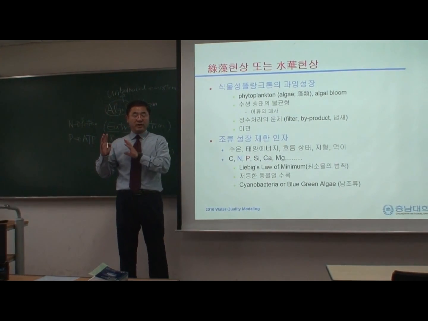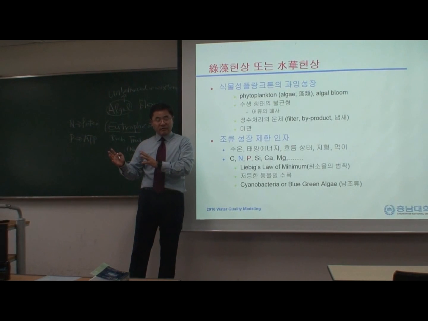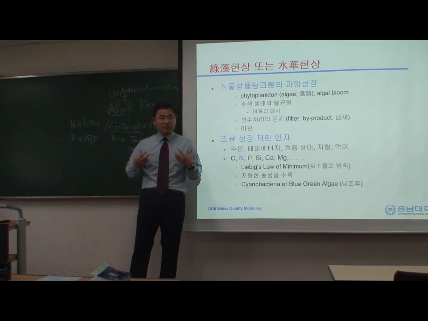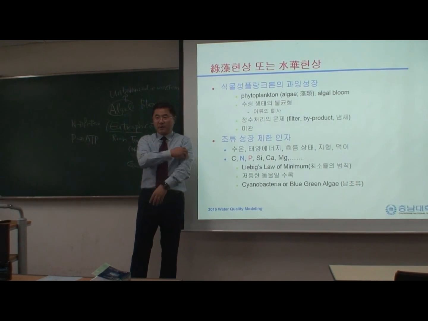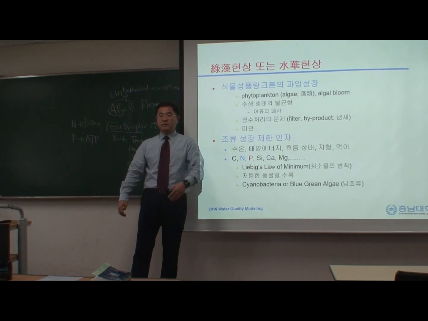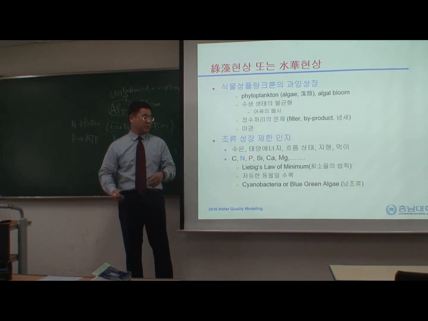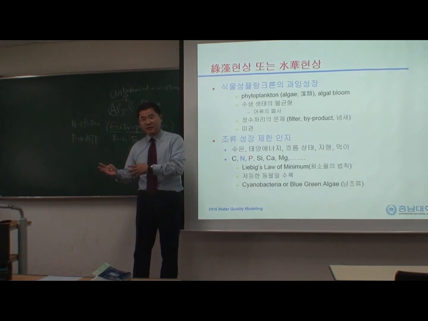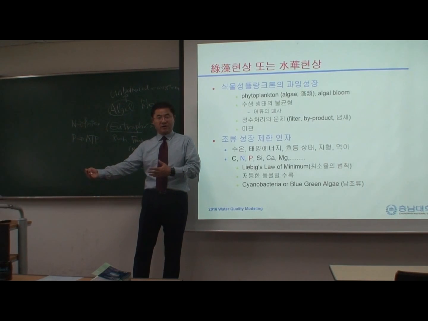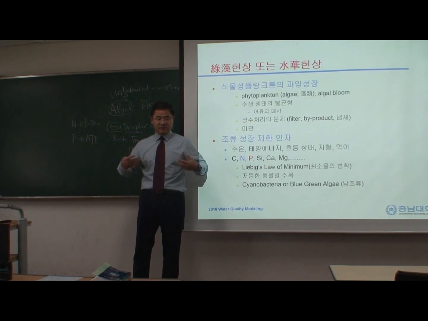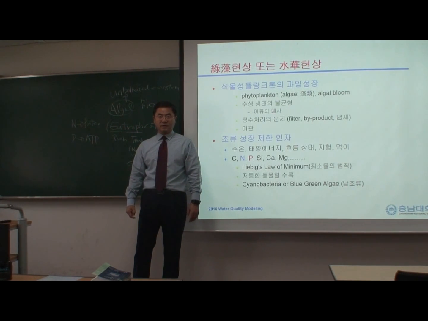So if you do not have enough nitrogen, you have a problem producing protein in your body. Same story for carbon, but carbon is already too much, so we don't really care about that. But phosphorus and nitrogen have not been enough so far, but because of our activity, they have become much more abundant in our surface water.